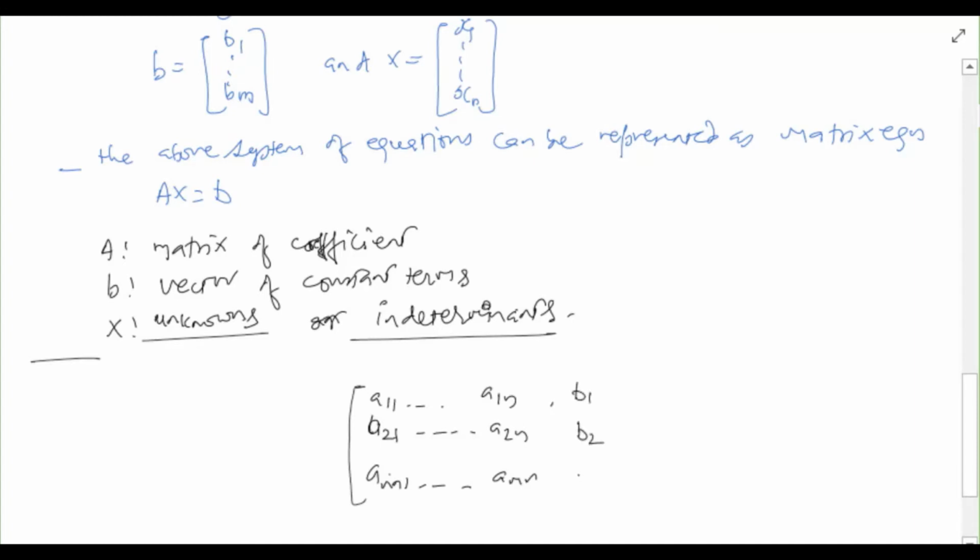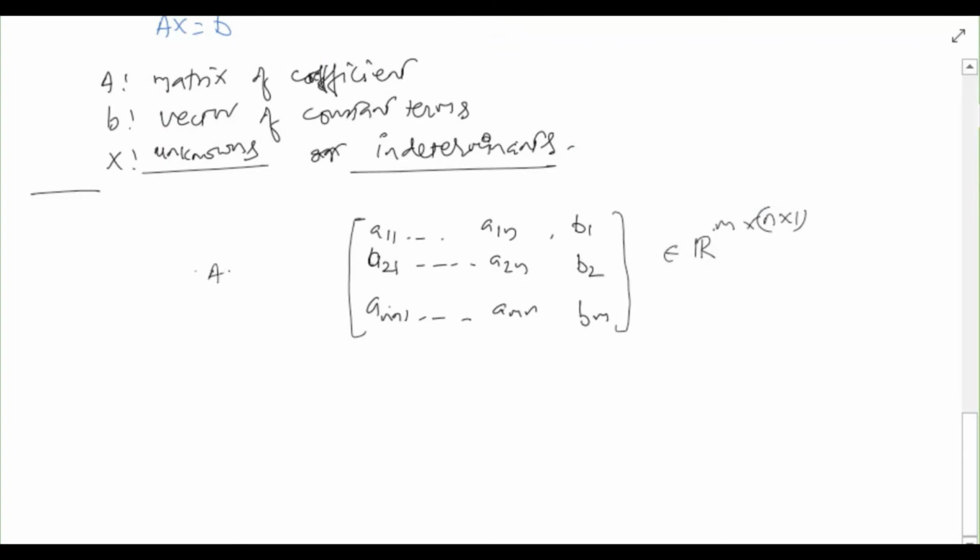So we have b1, b2 to bm. This is clearly an m cross n plus 1 matrix. It's compactly represented as follows, and it's referred to as the augmented matrix.